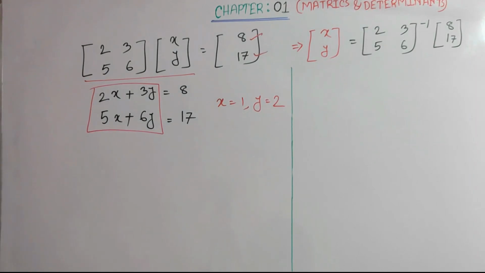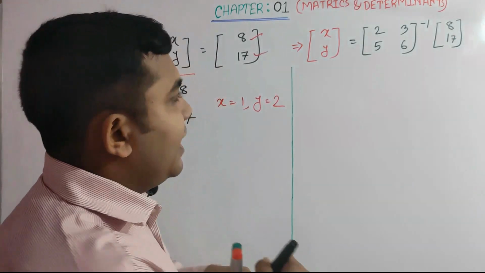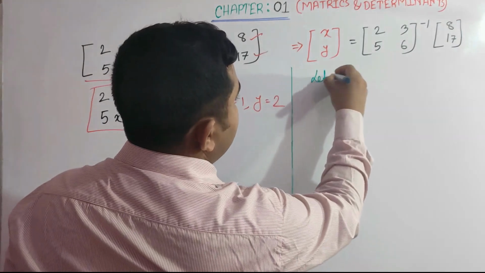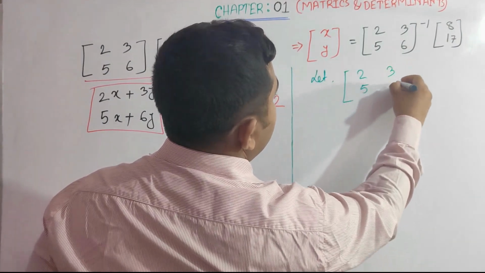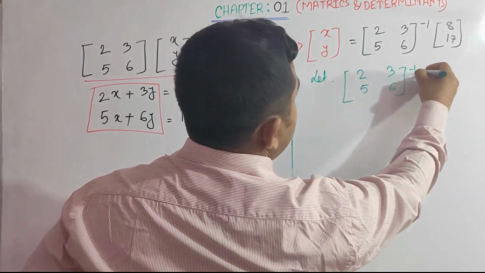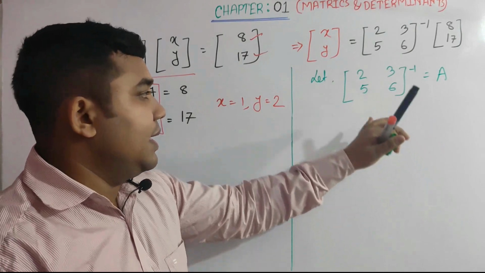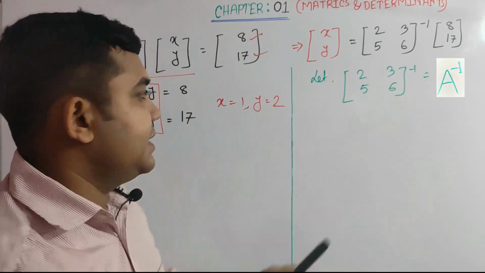So if we think that this is our inverse matrix, and let us assume that this matrix, 2 5 3 6, is named as A. If it is matrix A, then how can we find its inverse matrix?